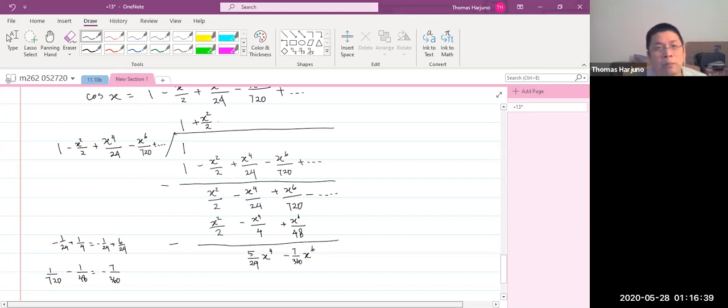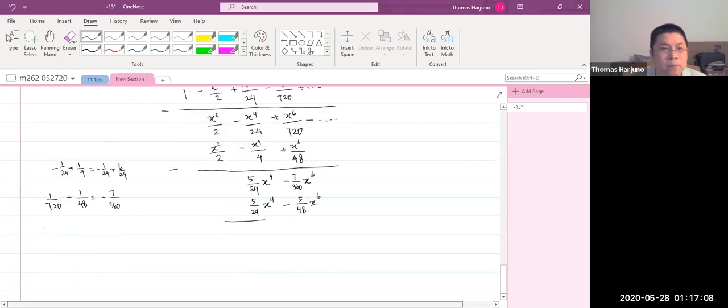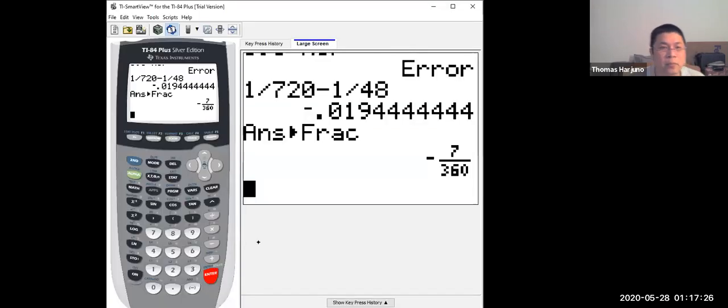So the next term will be plus 5 over 24 x to the 4 minus 5 over 24 times negative 7 over 360 plus 5 over 48.